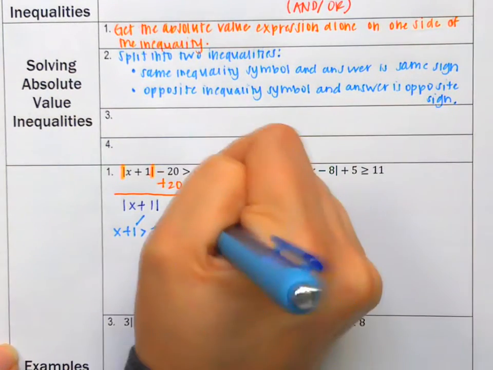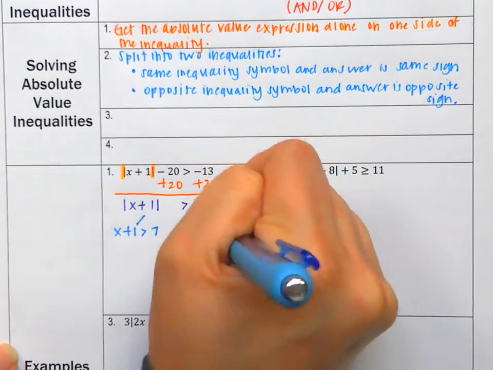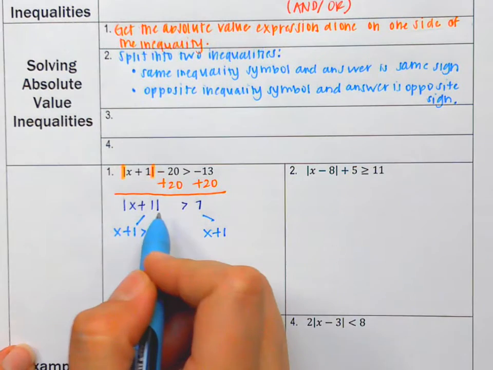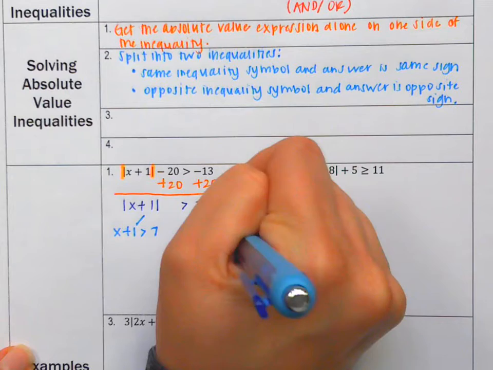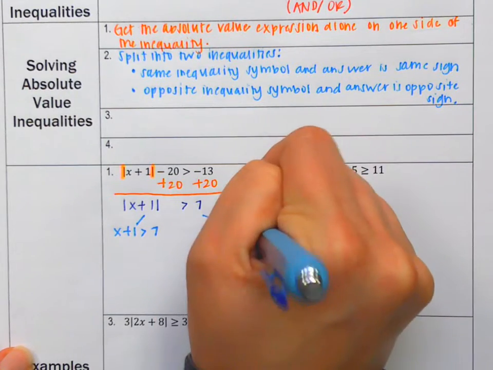So what that means is it's still going to be x plus 1. Notice inside the absolute value doesn't change ever. And so because this one was greater than, we're going to do less than and then negative 7.